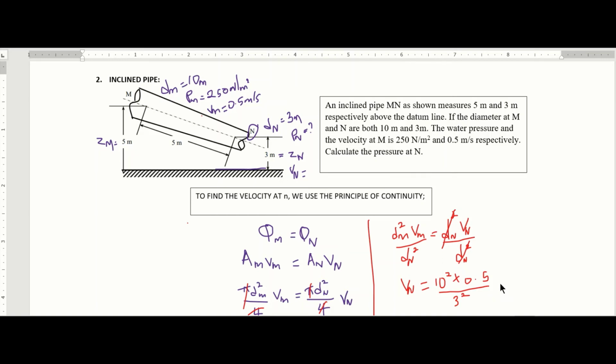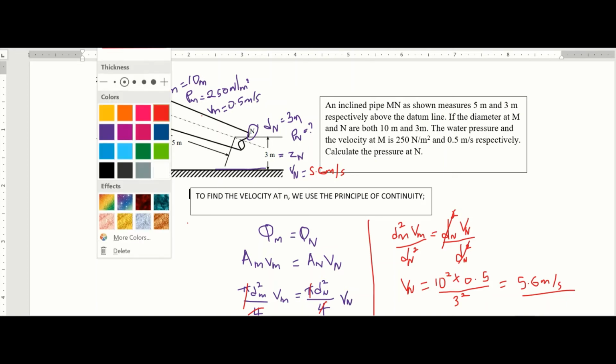So guys, if you put this in your calculator, the velocity at N should give us 5.6 meters per second. So that is our velocity at N.